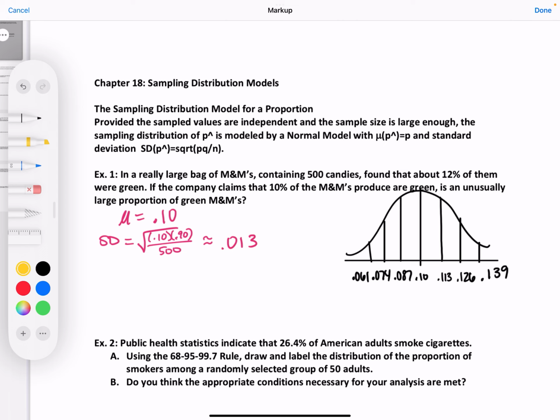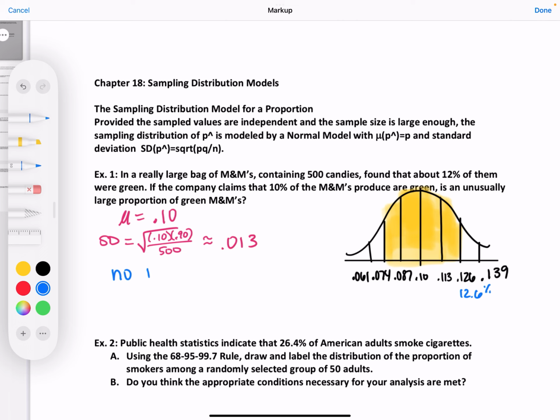So 2 standard deviations away is what we consider unusual. Anything more than this away, we would say is unusual. So is the 12% an unusually large proportion of green M&Ms? No. Because this is only 12.6%, so 12% is inside of that.